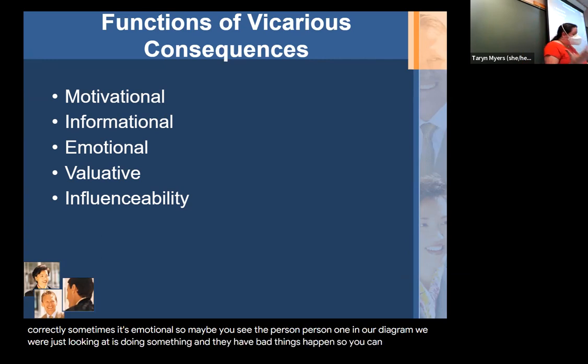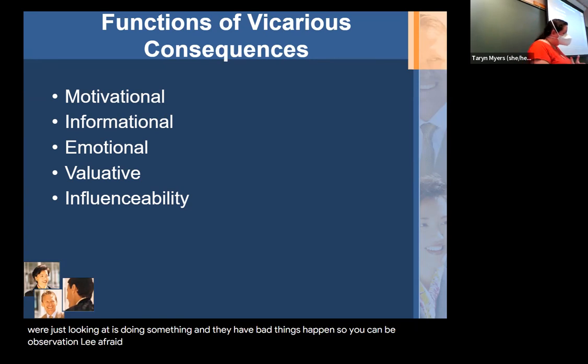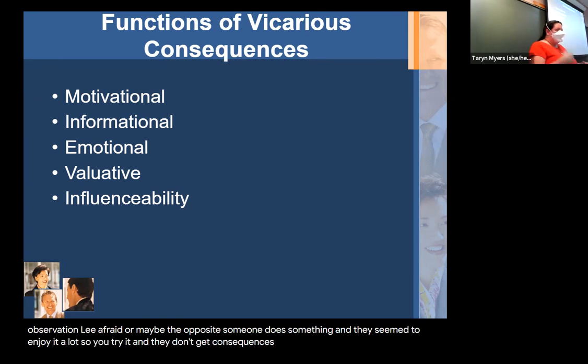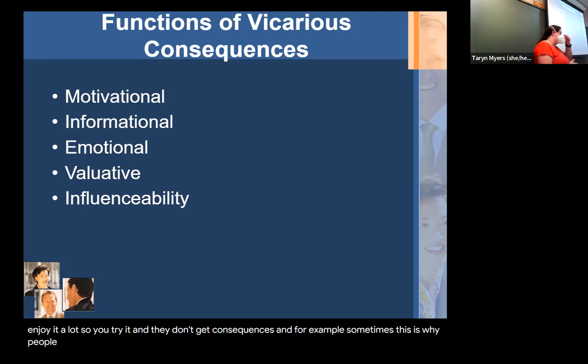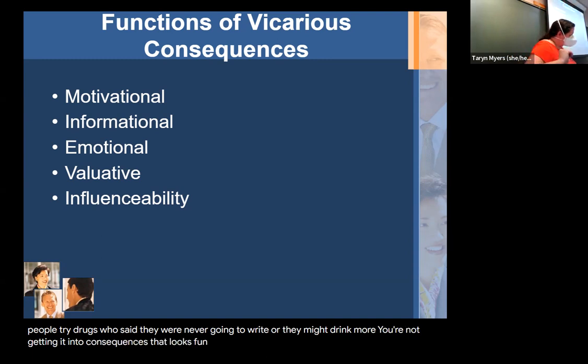So you can be observationally afraid. Or maybe the opposite, someone does something and they seem to enjoy it a lot. So you try it and they don't get consequences. For example, sometimes this is why people try drugs who said they were never going to, right? Or they might drink more than they usually would because this person's doing it, they're not getting any consequences, that looks fun.